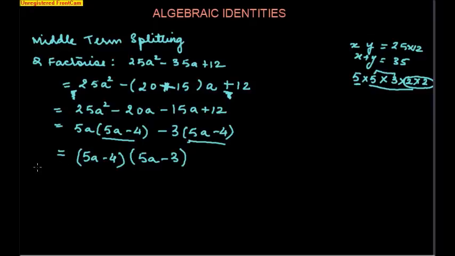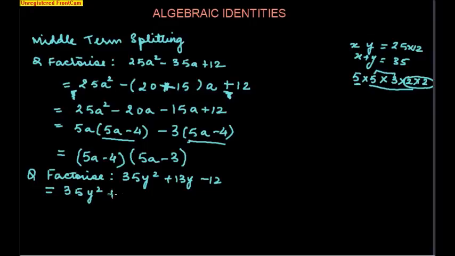Let us take another example to make things more clear. So now I have to factorize 35y square plus 13y minus 12. So my first step, I write down 35y square plus as it is.